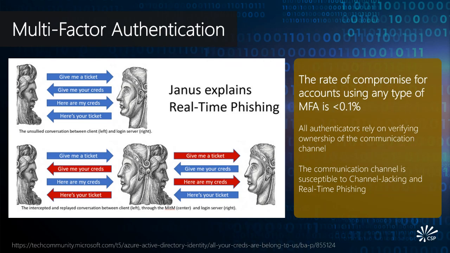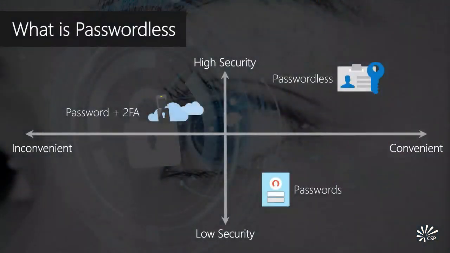I can clone a SIM card, and the telecommunication network thinks there's only one device out there receiving the signal, that SMS signal or that phone call, but I can pop that cloned SIM into another device and receive the exact same call, the exact same SMS message. So that's an example of what channel jacking would be, and probably more likely to be the case than the real-time phishing, man in the middle. But either way, those are vulnerabilities that we have with how MFA is performed today.